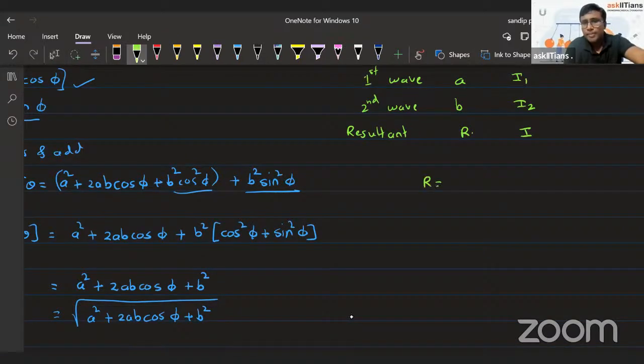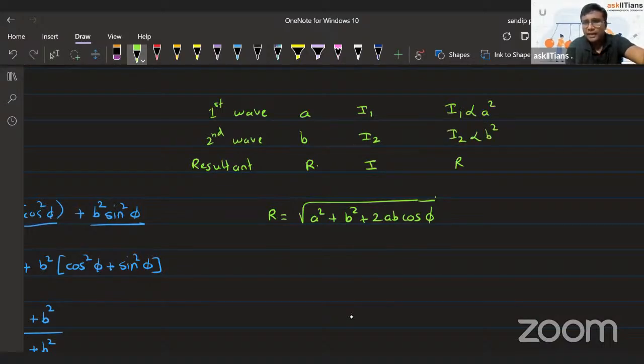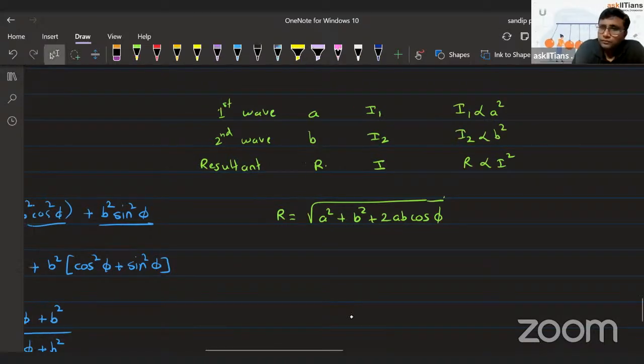R is equal to under root A square plus B square plus twice AB cos phi. I1 is directly proportional to A square, I2 is directly proportional to B square, and I is directly proportional to R square.